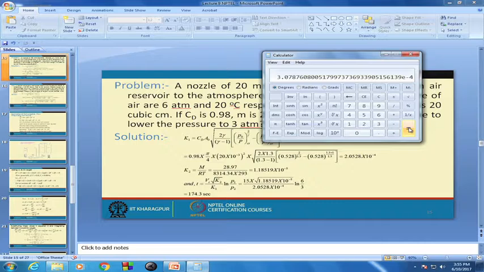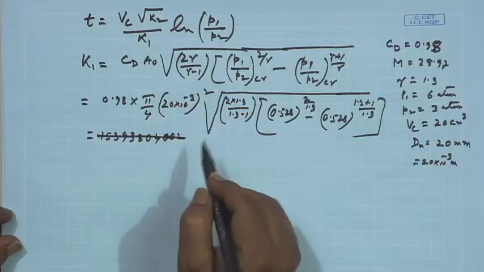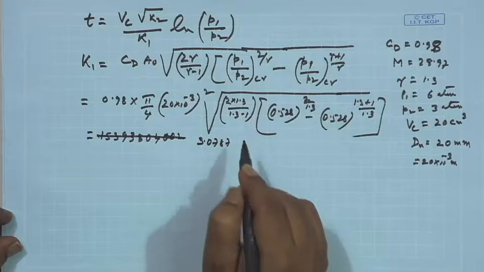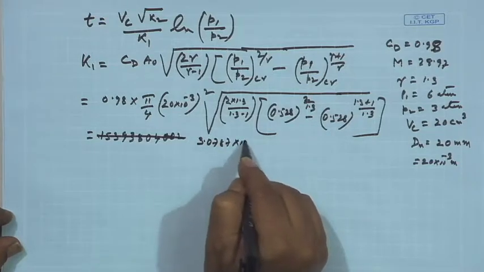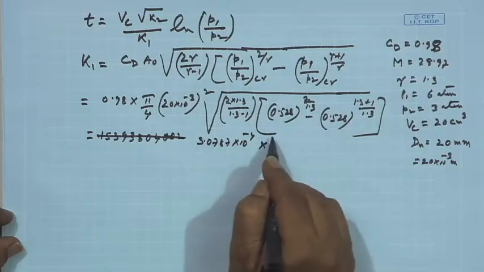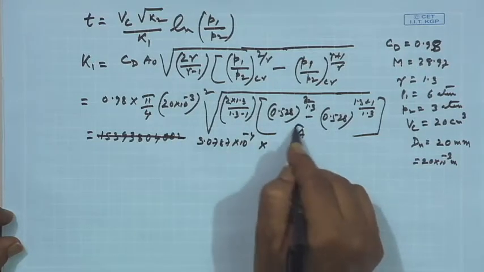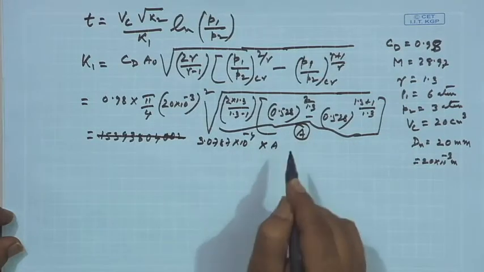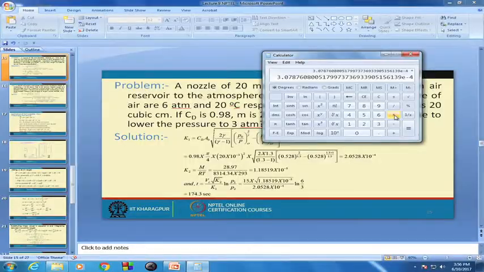And now this into, so this we can write, this was 3.0787 times 10 to the power minus 4, right, times this factor. Say this is A, right? So now what is A?